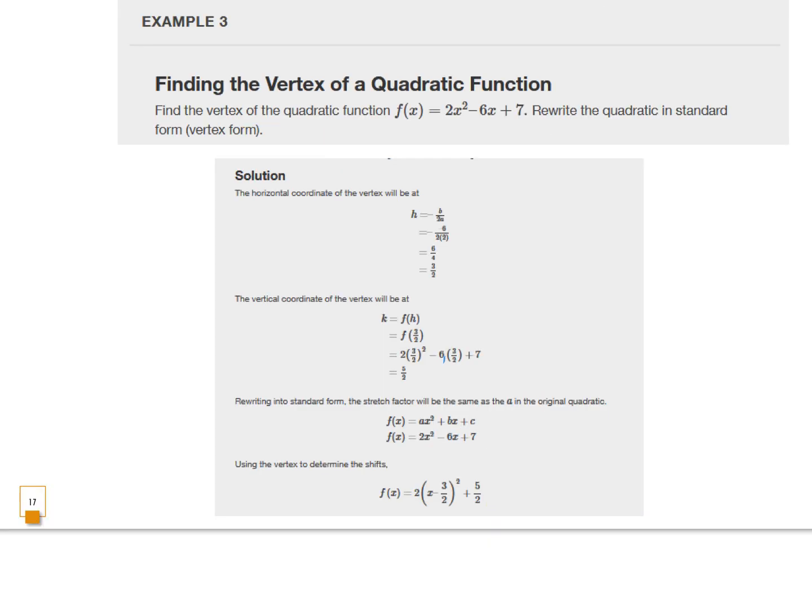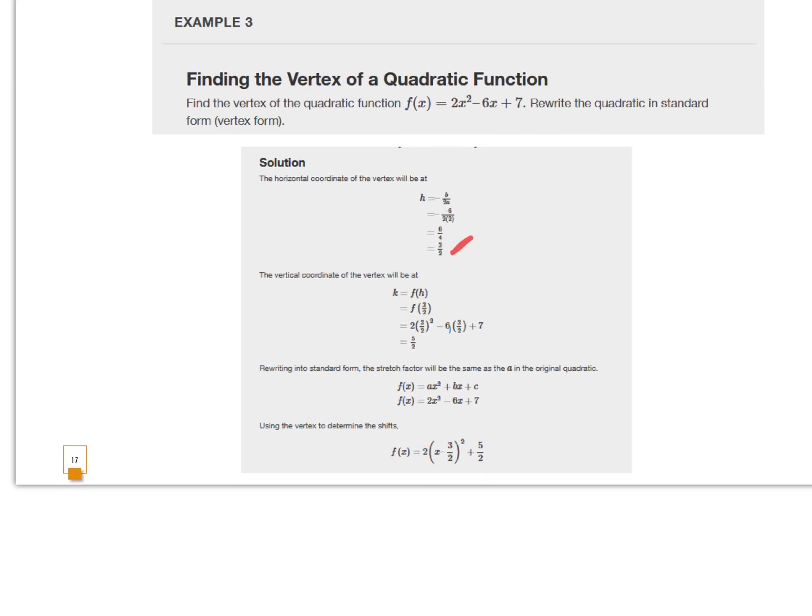I found my h, 3/2. That's what I had. K is f of h, which is f of 3/2. Let's see, what do we get? 5/2. So put it all together: x minus 3/2 squared plus 5/2. Same answer.